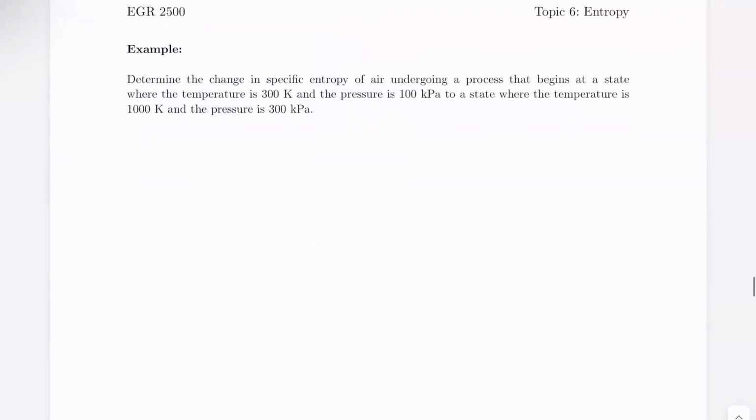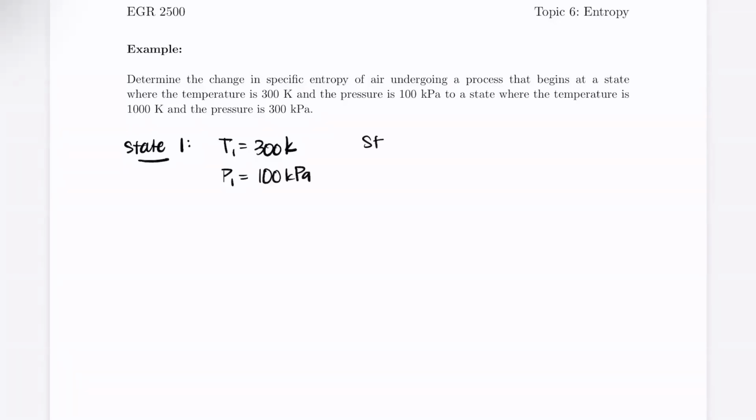Okay, so we want to determine in this example the specific entropy of air undergoing a process that begins at a state where the temperature is 300 Kelvin and the pressure is 100 kilopascals to a state where the temperature is 1000 Kelvin and the pressure is 300 kPa. So we have our state one: T1 is 300 K and P1 is 100 kPa.